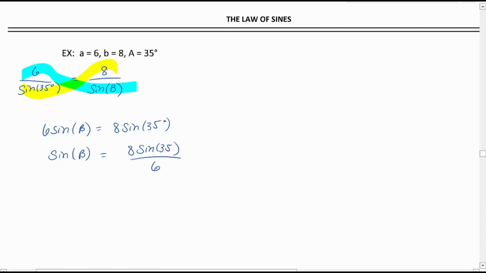You could simplify that fraction if you wanted, but I wouldn't since I'm just going to plug it in my calculator. And inverse sine to get our B. B is going to be sine inverse of this fraction here.